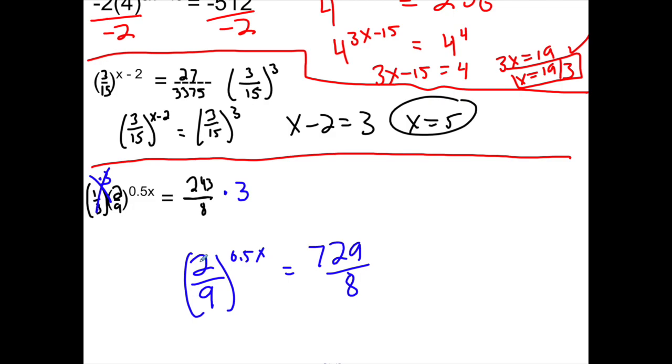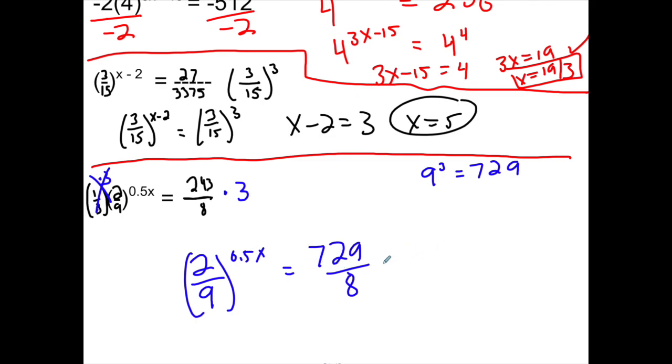Now here we can be like, all right, well look, 2 cubed is 8. You might know that 729 looks like it's going to be something with a 9 in it. Now, let's see what I get. So I plug in my calculator and I find that 9 cubed is equal to 729. So 9 cubed is the top, 2 cubed is the bottom.